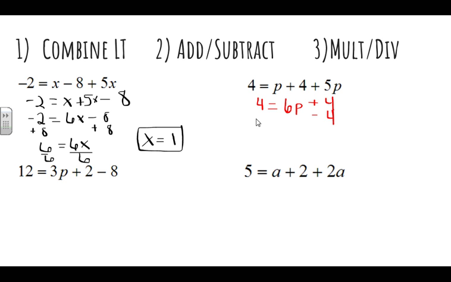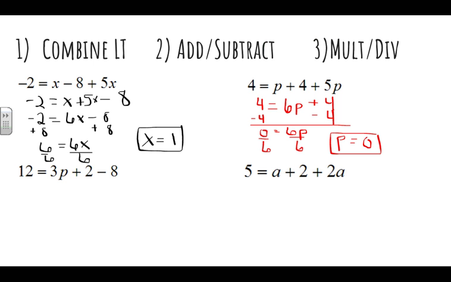Subtract 4 from both sides, and we would get that 0 equals 6p. All right. If we divide by 6, and you may not even have to go through this, but if you divide by 6, you see that p equals 0.